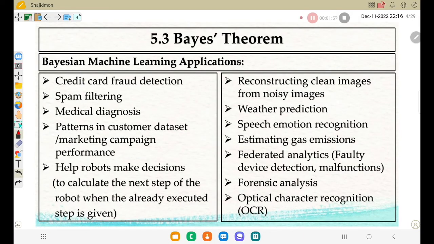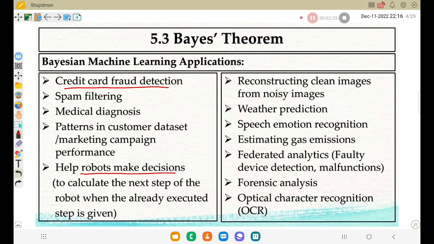Before that, let's see where we are applying Bayes theorem. Bayes theorem in machine learning applications: credit card fraud detection, spam filtering, medical diagnosis, pattern clustering of data sets, marketing campaign performance, and helping a robot make decisions, to calculate the next step of the robot when the already executed step is given.